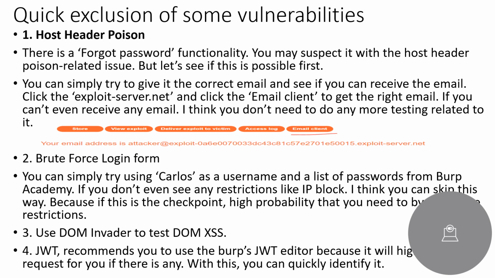This is efficient because you just need to track the proxy history, and there is a highlight, and you can know that this is a JWT related request, so you can put some time on it. If there is no highlight, then it means they don't use JWT at all, so you can just skip this checkpoint.